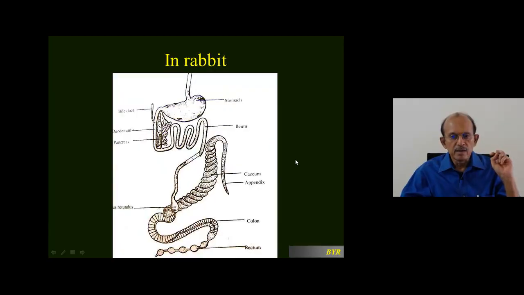In the lower animals, the appendix is actually part of the dilated cecum. This is the cecum and it continues down as the appendix, and it participates in digestion. In herbivorous animals, it is well developed and it has an enzyme called cellulase.